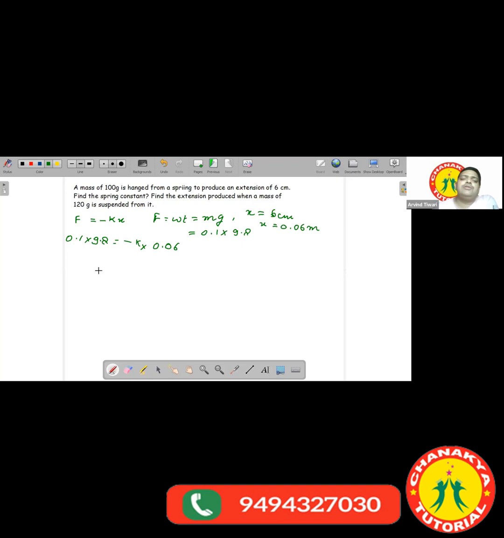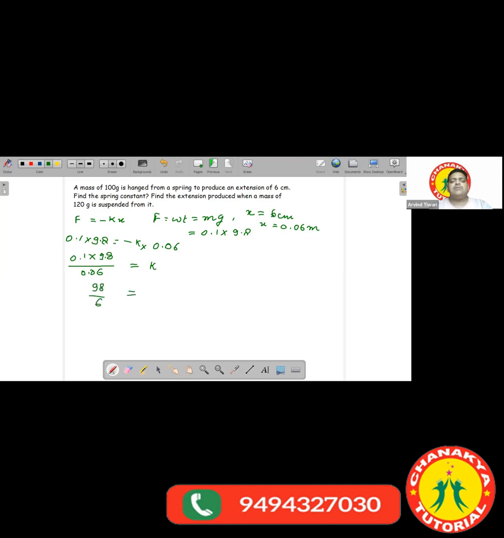Now putting these values here, you get 0.1 multiply 9.8 divided by 0.06. So you get your k. You can take this 9.8 to be approximately 10, or if you multiply it like this, you will be getting 98 over 6.